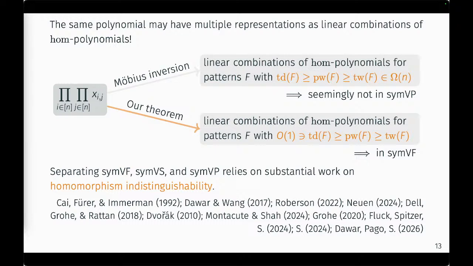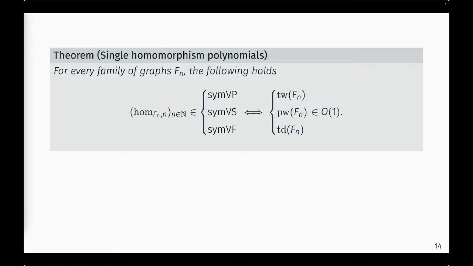Okay, so how do we concretely prove the separation? We look at single homomorphism polynomials. If you just count patterns from one graph, observe that nothing non-trivial happens. So for such a family of patterns, this polynomial is in symVP if and only if the tree width is constant, in VS if its path width is constant, and symVF if the tree depth is constant.